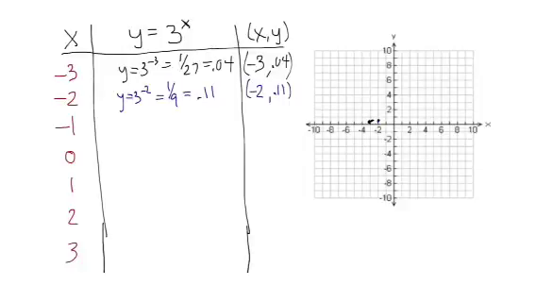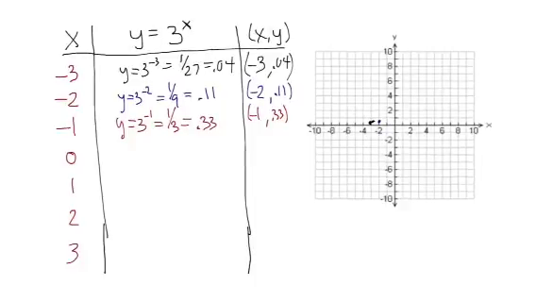Now we'll try another one. We got the x-coordinate, negative 1, so let's plug it in. 3 to the negative 1 power equals 1 over 3, which is 0.33, or 0.3 repeating. So I have another point to graph. At negative 1, I'm up at 0.33, so a little tiny bit higher, but not very much.